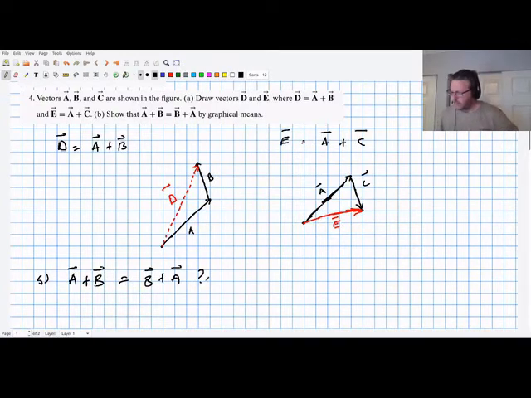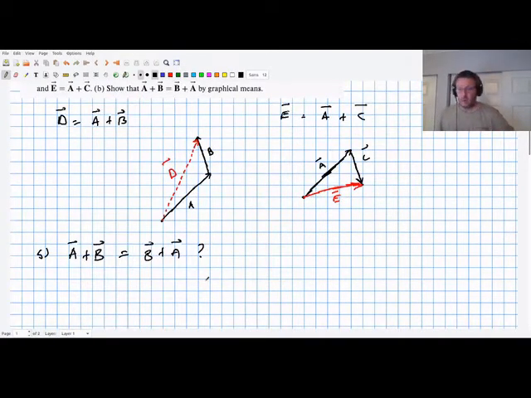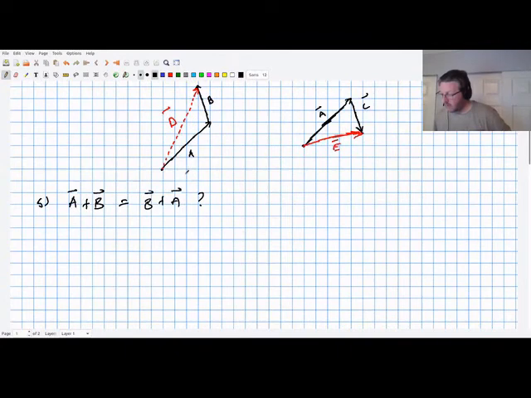So let's find out. A plus B, I've already figured that out. That's what D is. So let me make a copy of that. I'll show A plus B. Say I start right here and go 1, 2, 3, 4, up 1, 2, 3, 4. There's A. And then B is up 3 over 1.